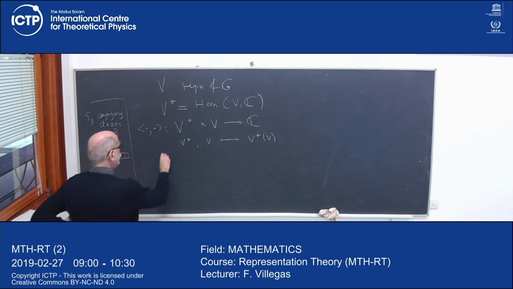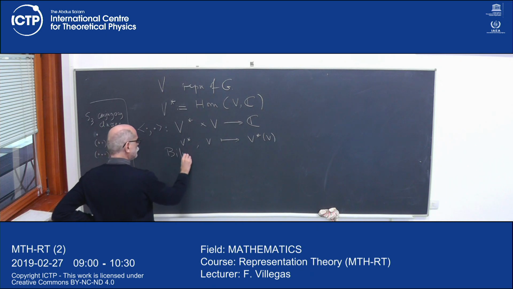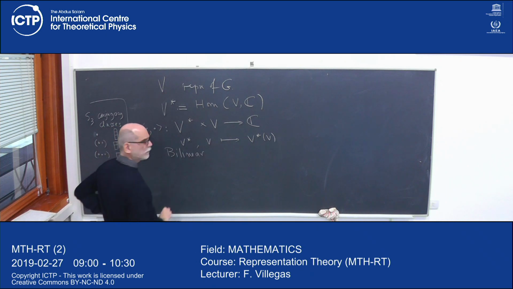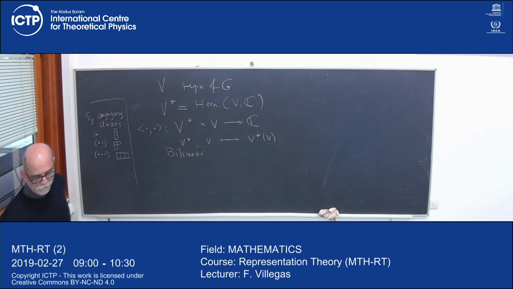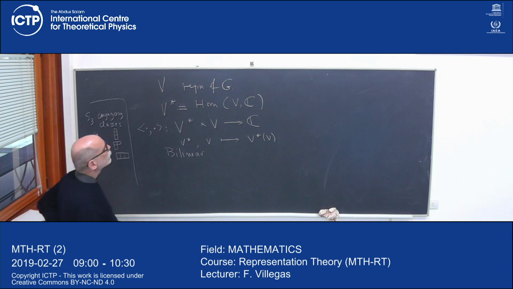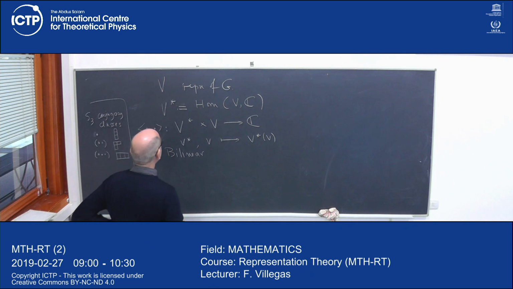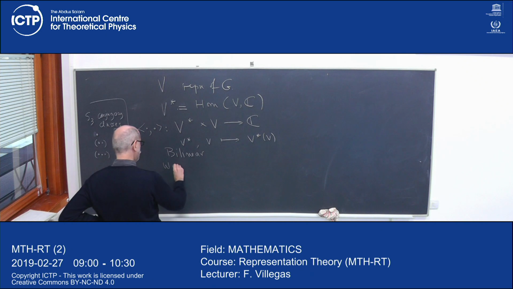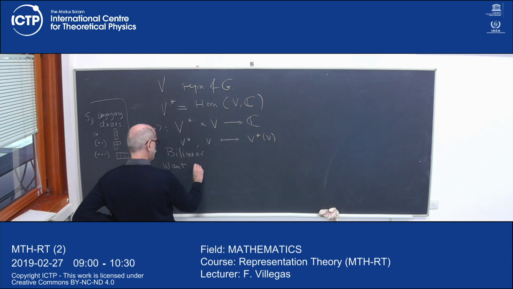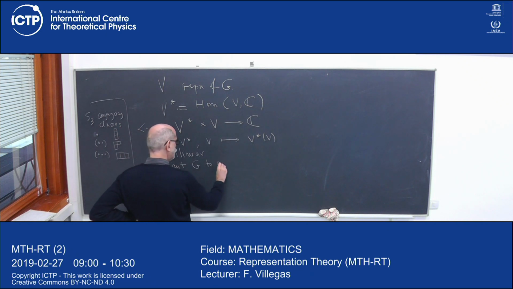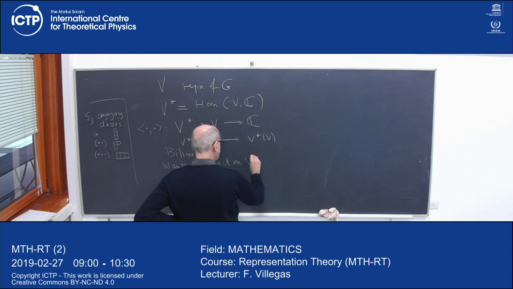So this is bilinear, so it's all simple to verify because everything that we're doing is linear and so on. And so we would like to define an action of G on V dual in a natural way.